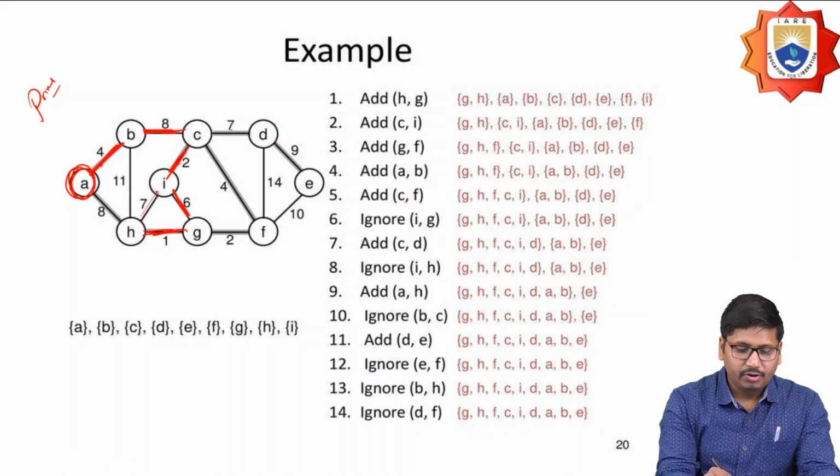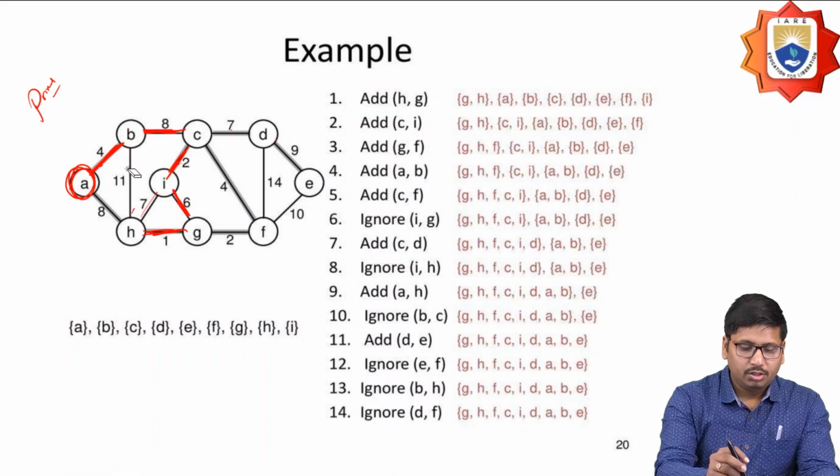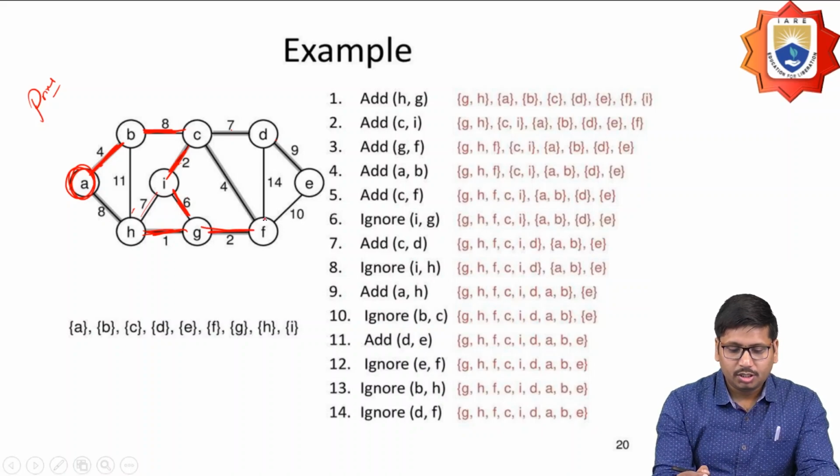And from this, 7 is not going to be considered, as it is going to form a cycle. And 11, instead of 11, I'm going to select 8, but that is going to form a cycle. So next, 2 is going to be considered.